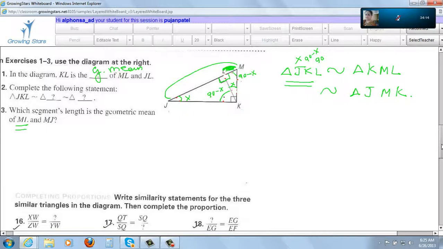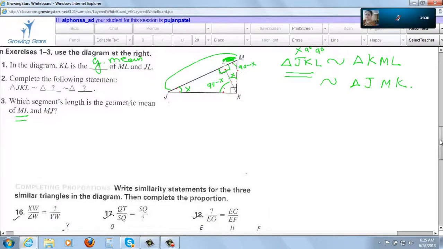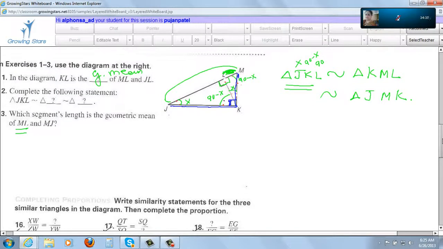So the altitude which is next... KL, okay? It's not KL. It is either MK or JK. So for finding out which of those two, you should look.